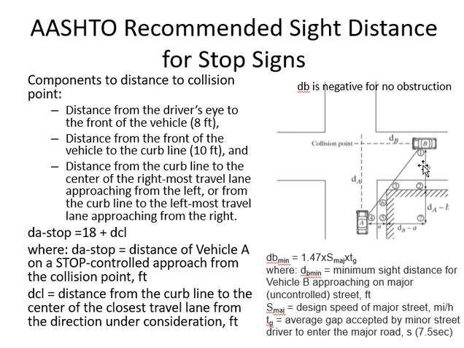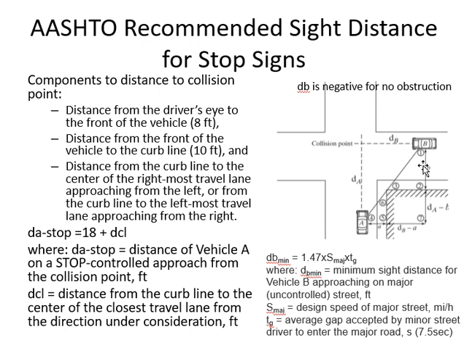Okay, so we are talking about, they didn't show the components here. But what they are saying, distance from the curb line to the center of the rightmost travel lane, this lane.